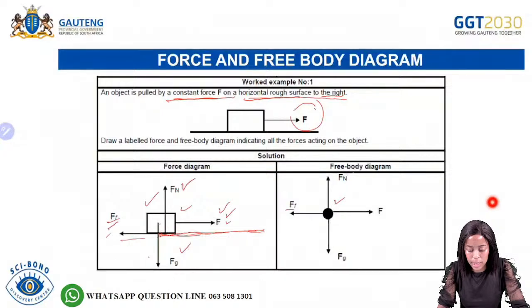Then on this side, when it comes to the free body diagram, remember the rules. All the arrows must touch the dot, and then we are able to draw the normal force going upwards.